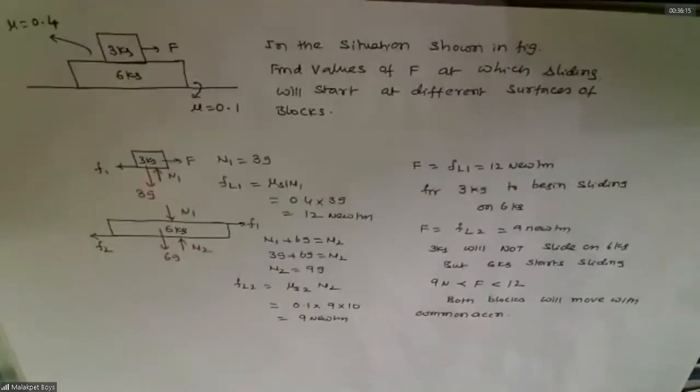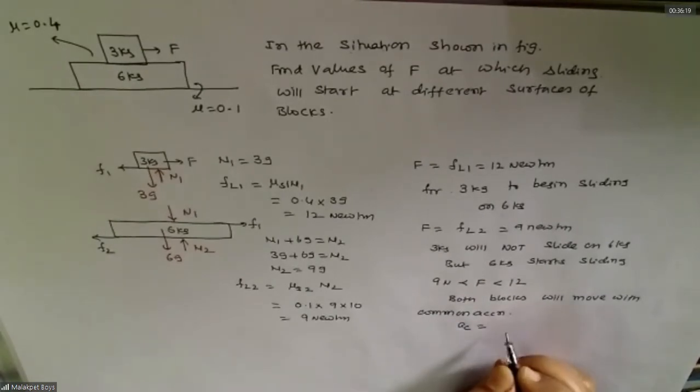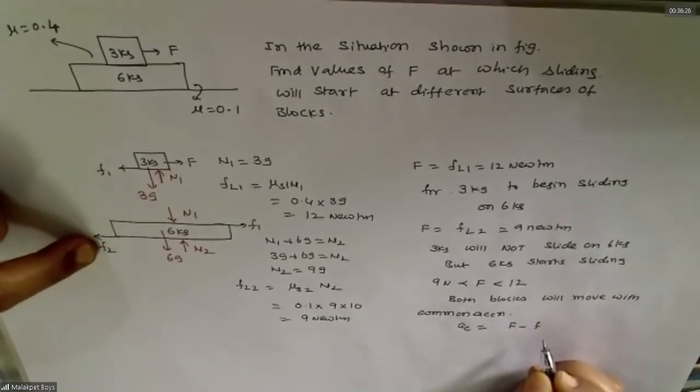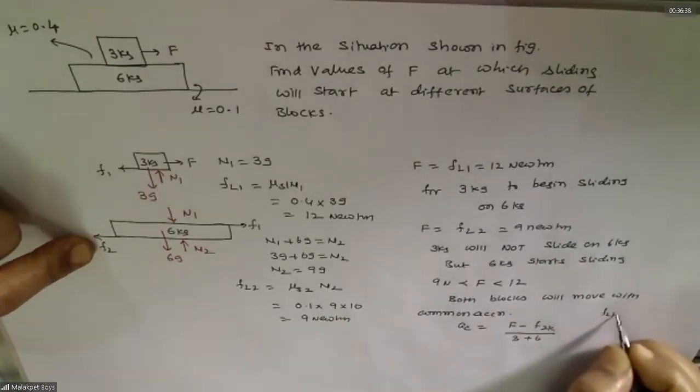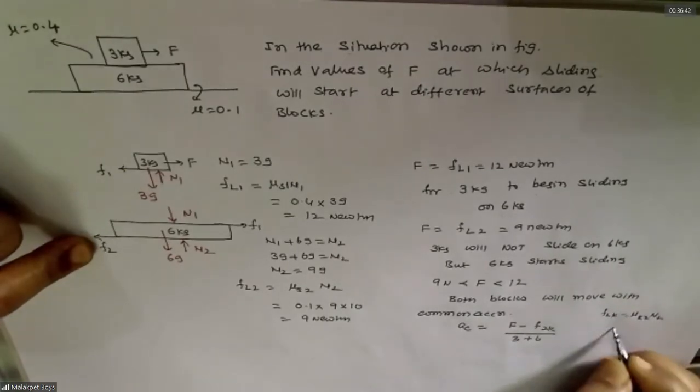Understood till here? And what is the common acceleration you are having? This is F minus, actually this is bottom one, no? F2k is nothing but uk2 into N2.